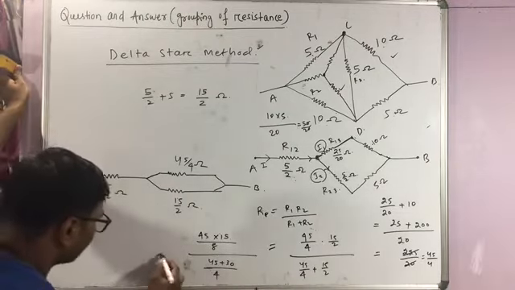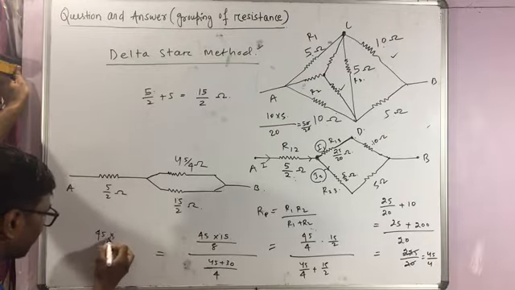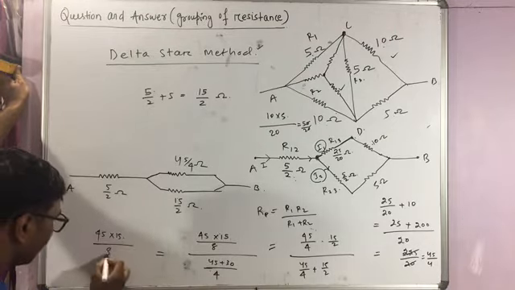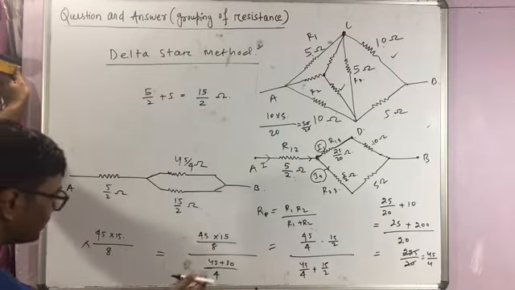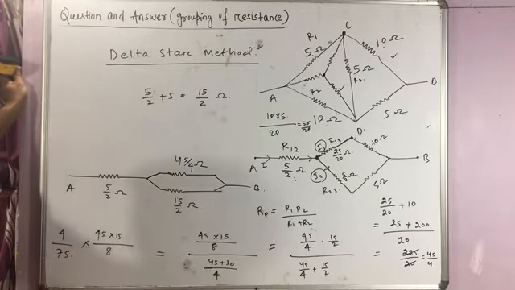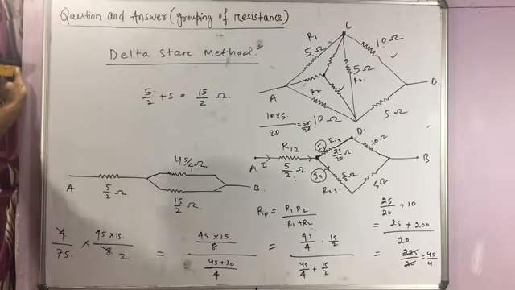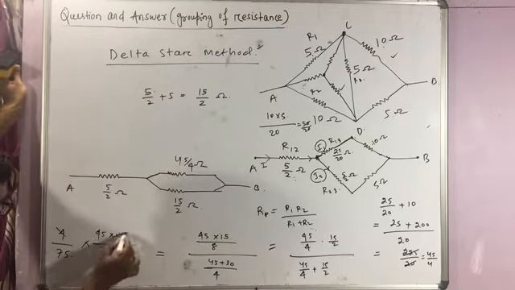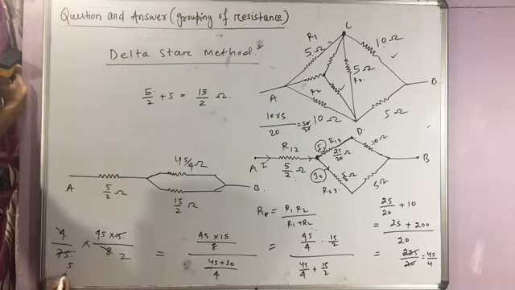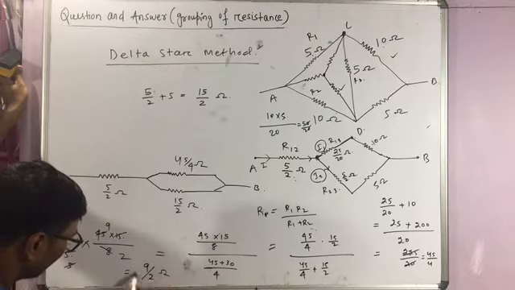Now I can solve it here, so keep it in that way. 45 into 15 by 8 into 4 divided by 45 plus 30, which is 75. 4 2s are 8. Now 15, 5, 5, 9. So your final answer is 9 by 2 ohm.